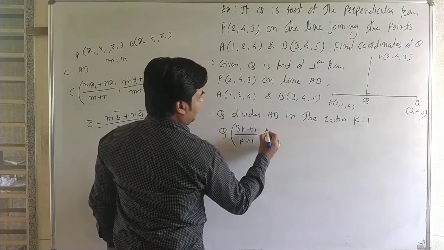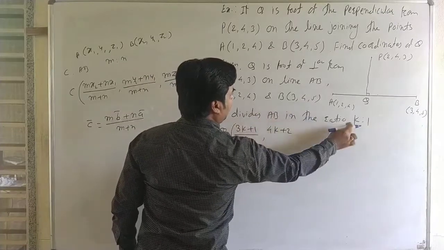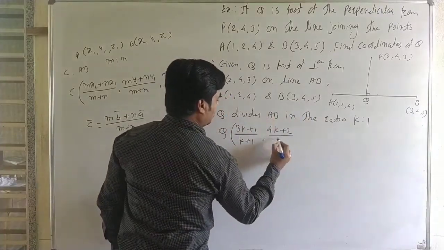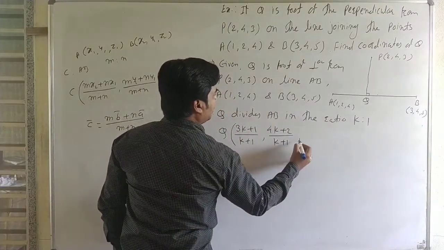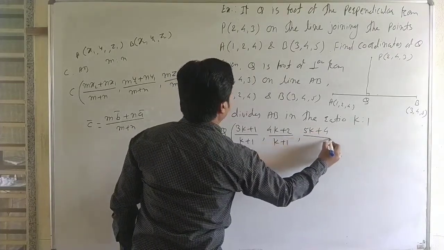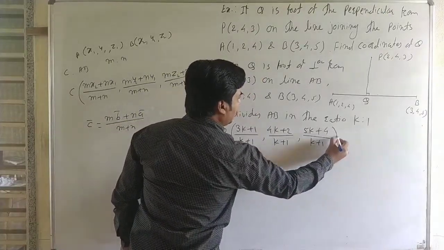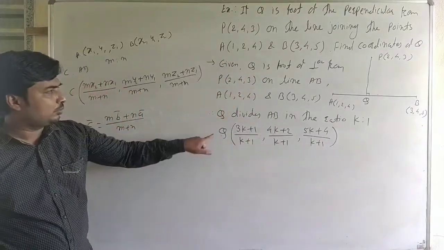Then (4k plus 2) upon k plus 1, and lastly (5k plus 4) upon k plus 1 are the coordinates of point Q.